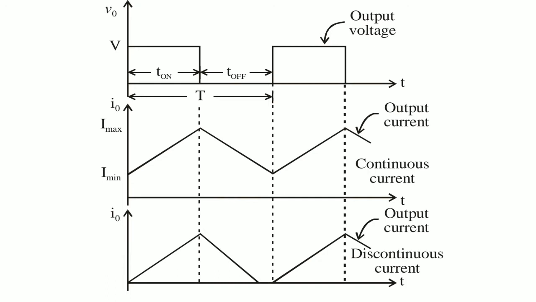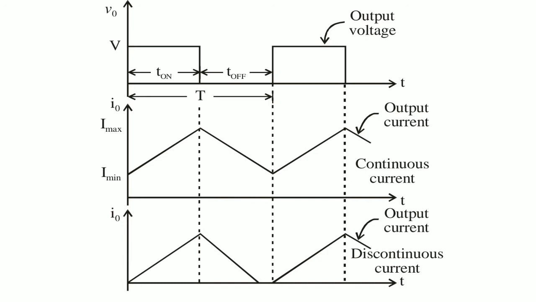During the T off period, there will be no output voltage across the load. We can see from the first waveform that there is output voltage, denoted by capital V, when T on is there, that means the chopper is on, and during T off there is no output voltage across the load.